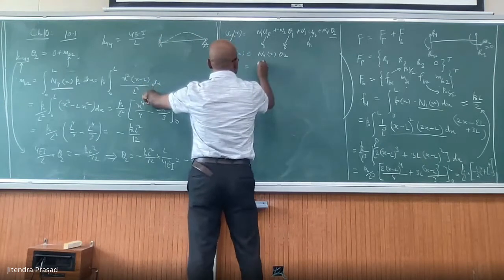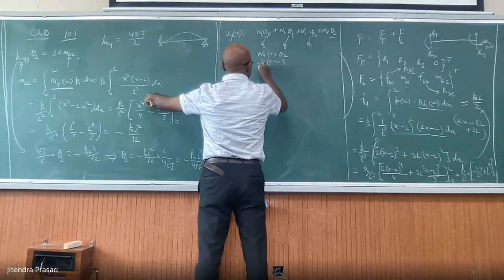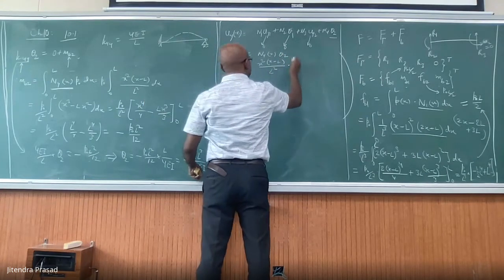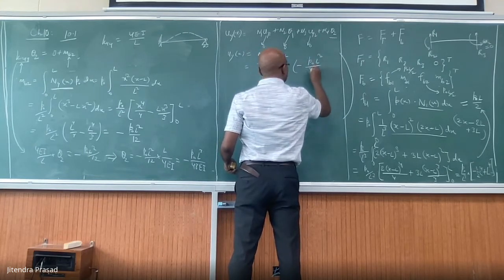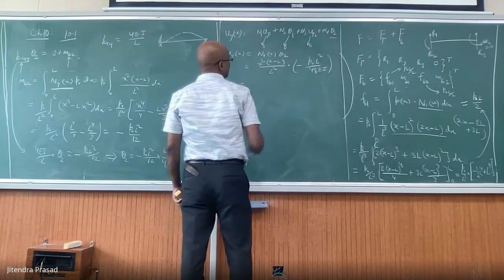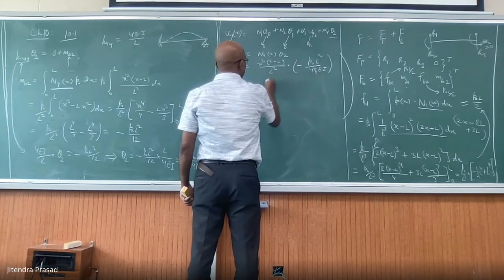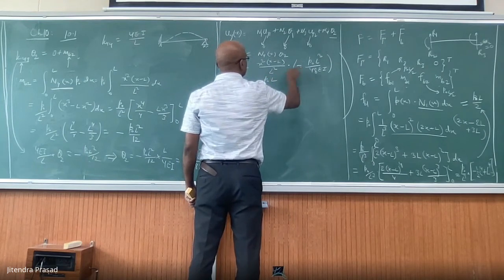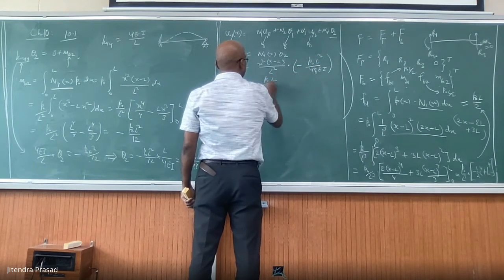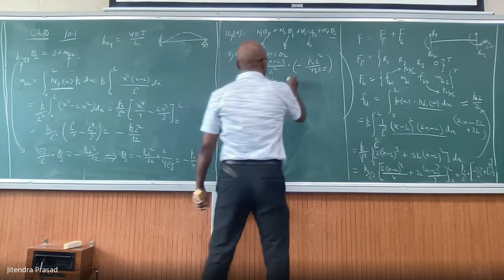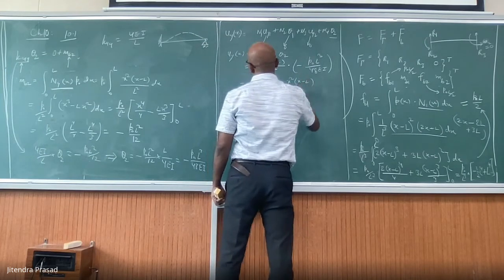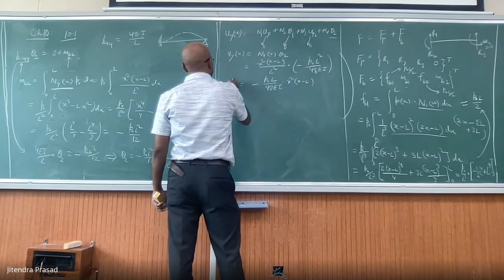N4 we already have: x square (x minus L) over L square, multiplied by theta 2, which is equal to minus P naught L cube over 48 EI. So you have minus P naught L divided by 48 EI, then x square (x minus L). This is your y(x).